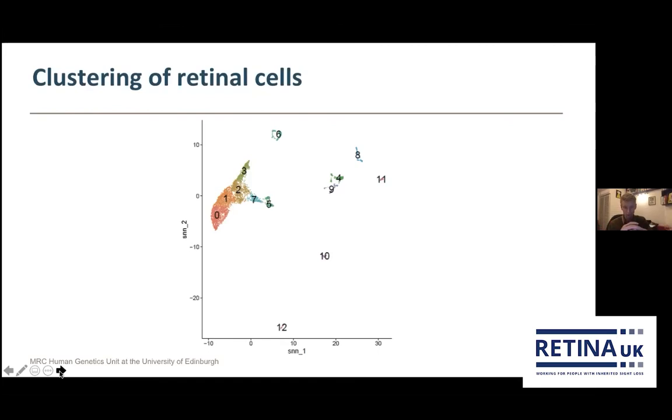So what I'm showing you here is a t-SNE plot of all the different cells in one of our experiments. We got 20 different clusters. And by looking at the RNA levels, we are able to tell which ones are the photoreceptors.